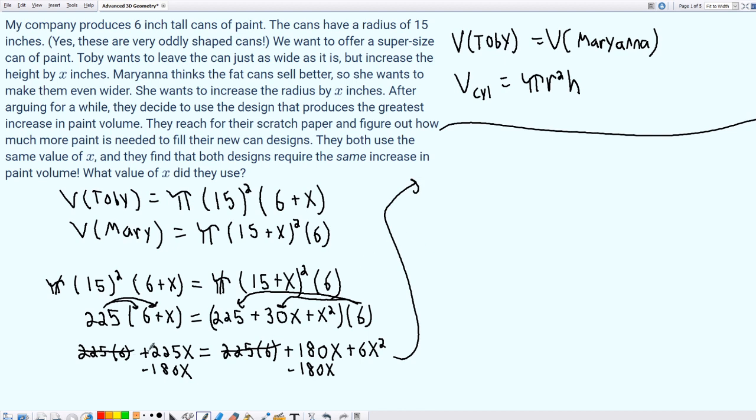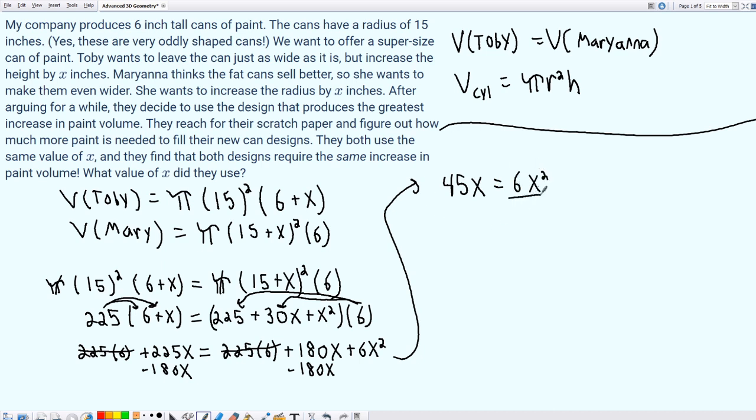So we have 225 minus 180, which is 125 minus 80, which would be 105 minus 60, which would be 45. So we have 45x equals 6x squared.